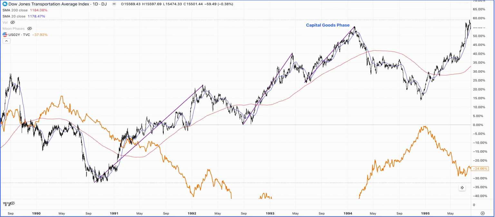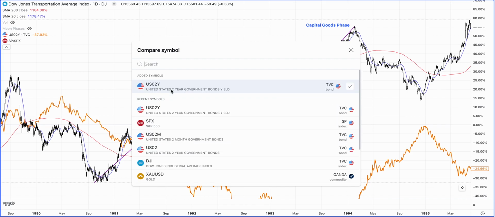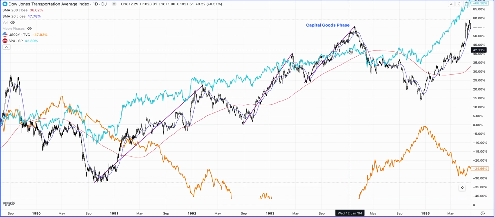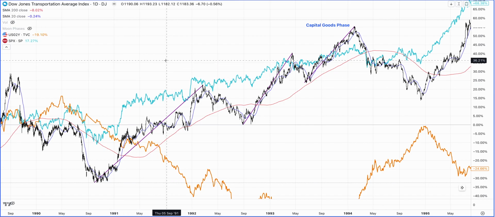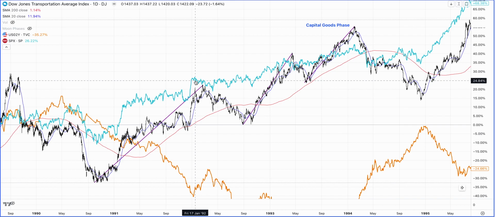Now if we go and put in SPX alongside, okay, this cyan or blue line is the S&P 500 back in the 1990s. You can see that it also formed a low in October 1990, and then it formed a top around the January to February period of 1992.